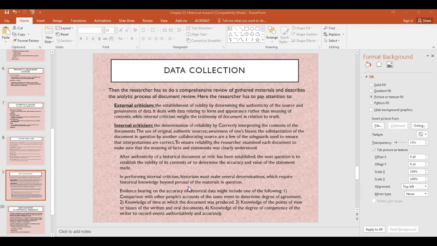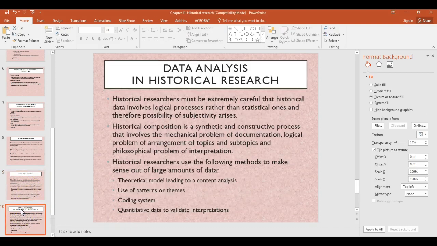This will give validity to your argument, because you looked at several perspectives and several parts of the documentation of this period, and then you analyze based on the variety of content that you have.